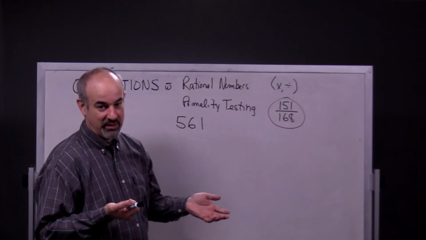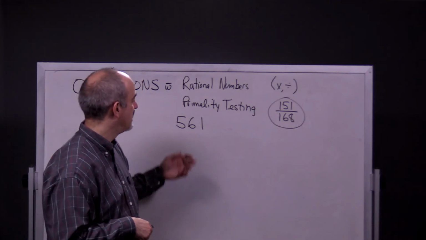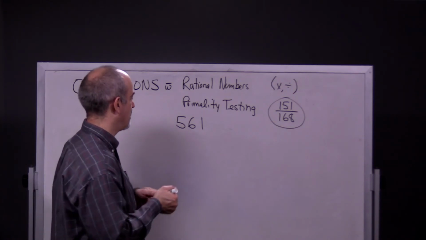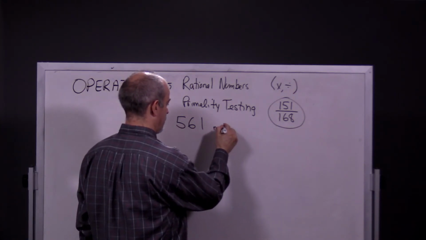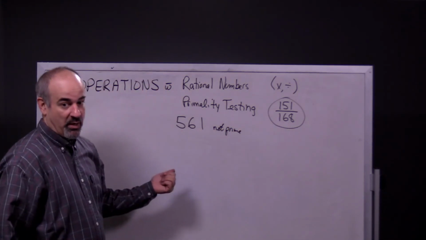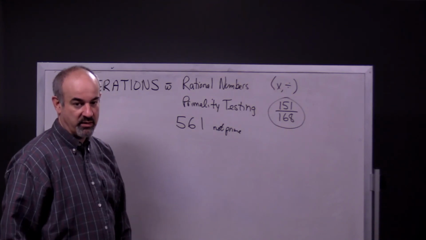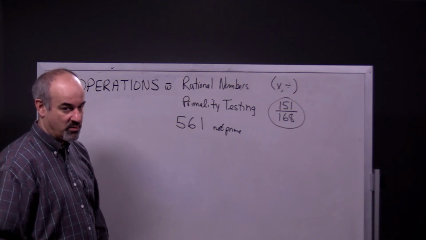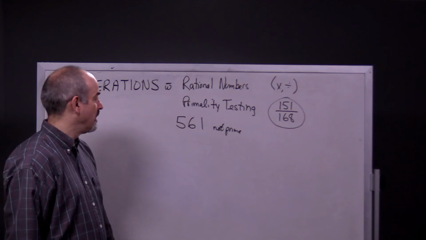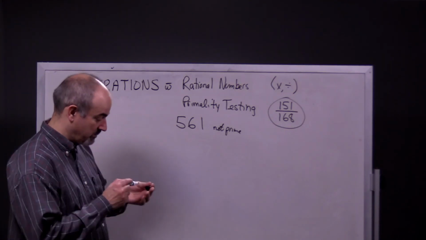So part of primality testing is just knowing, hey, that number can't be prime, it's divisible by 3. So this is not prime. You could do it the same way we just did though, where you do the square root, then test all the numbers. The first number you really test will be 3 and it will go in, because you wouldn't test 2 because it's obviously not even.